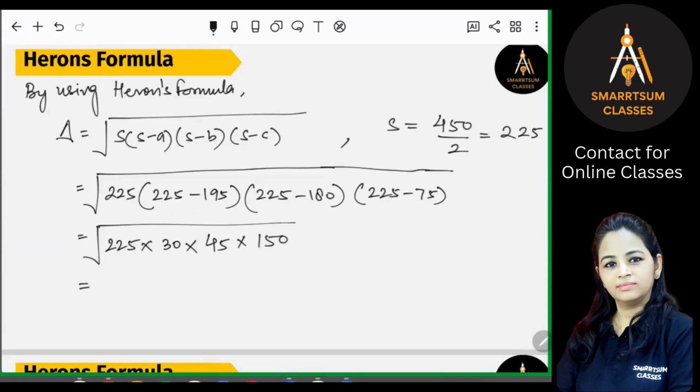So we have found these. Now we can express them as a product of prime numbers. Each and every number can be expressed as a product of prime numbers. 225 is what?